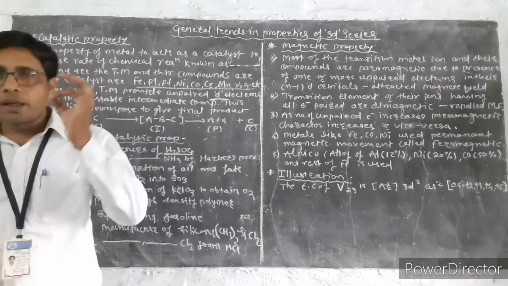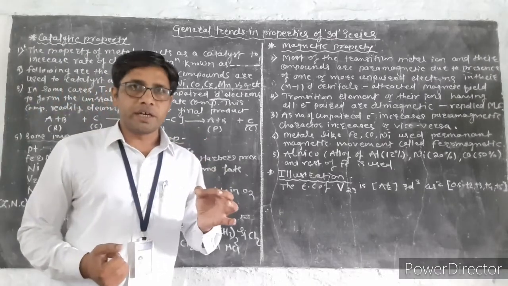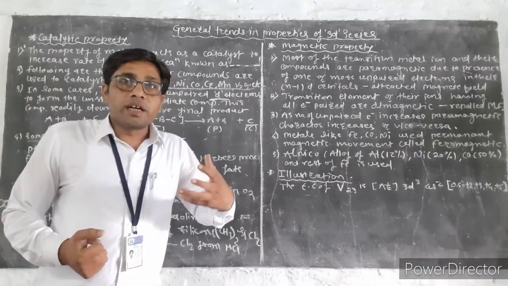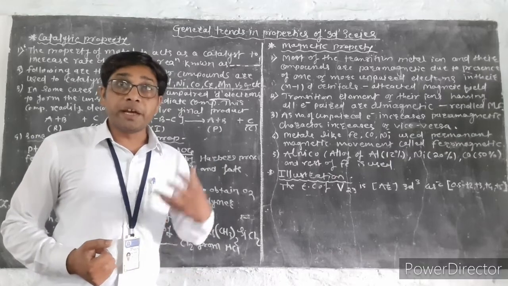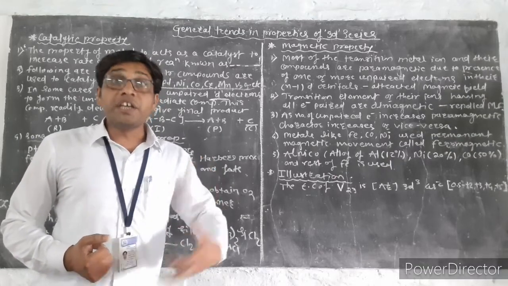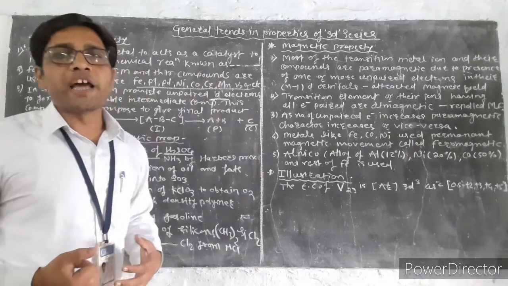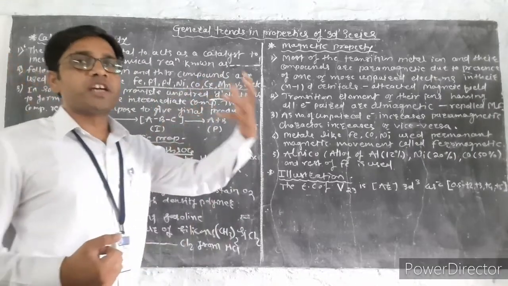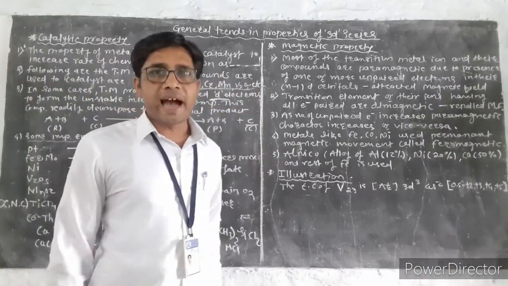These are the number of preparations in which the transition elements, mainly the 3D series of elements, are used to increase the rate of chemical reaction.